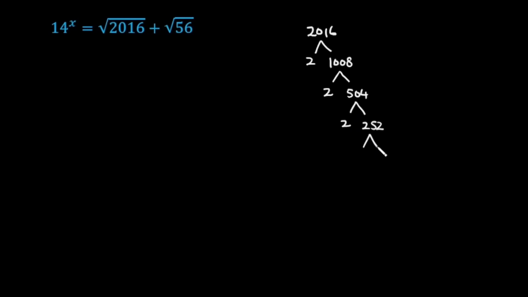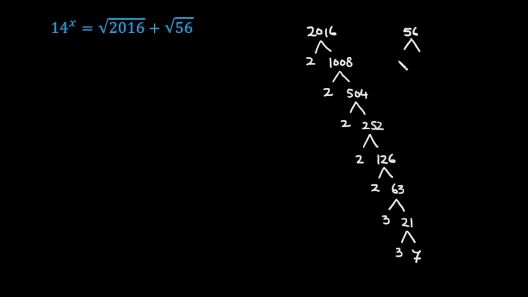Divide 252 by 2, we get 126. Divide 126 by 2, we get 63. Divide 63 by 3, we get 21. Divide 21 by 3, we get 7. So these are all the prime factors of 2016.